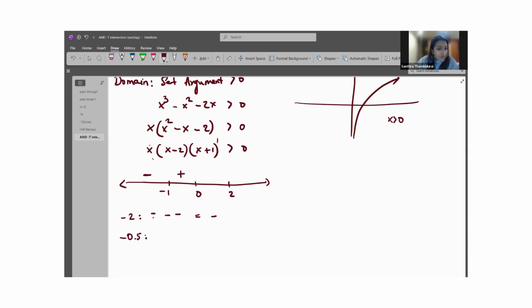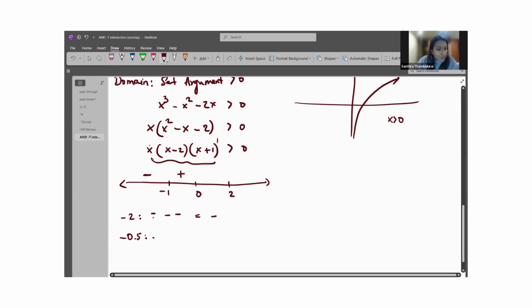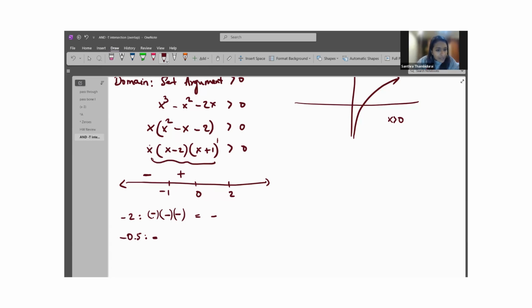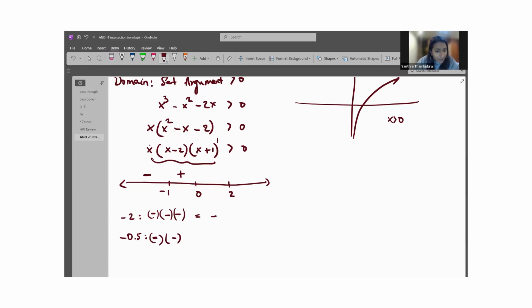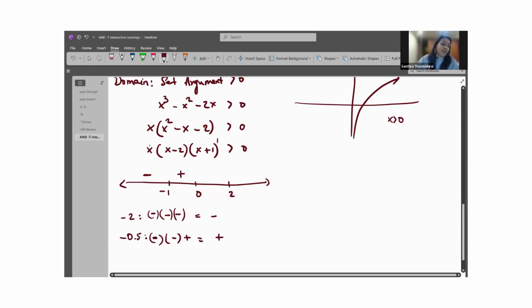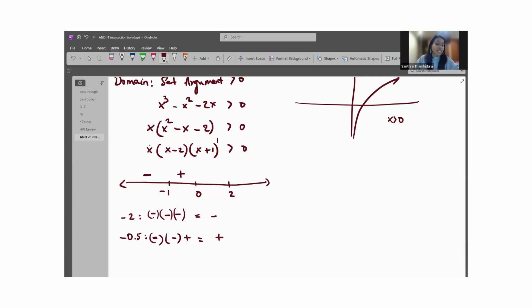So -0.5 into x gives you a negative, and this is also a negative. But this is -0.5 plus 1, that's going to be a positive. So a positive times a negative times a negative is positive. And we got the same answer by looking at your multiplicities.